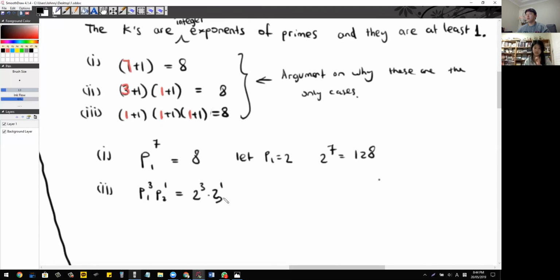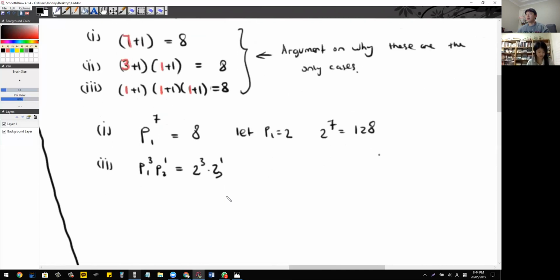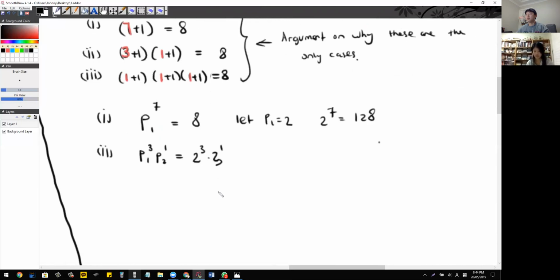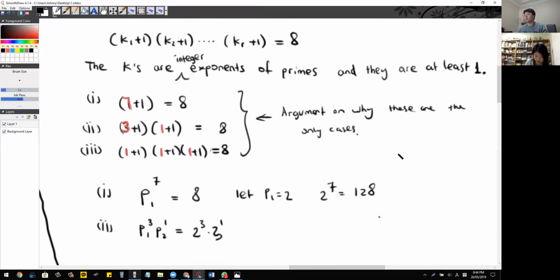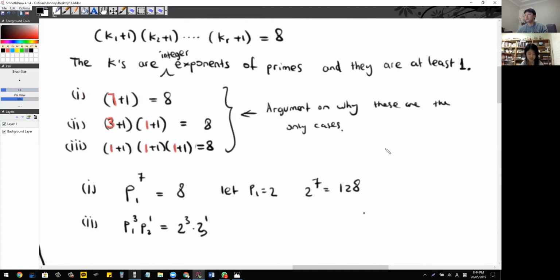Like, say you did 2 squared times 2, and that is just 8, but would it still work? With the conjecture, if I changed it so it's the same prime, would it still work?